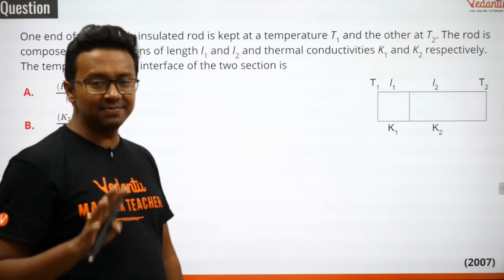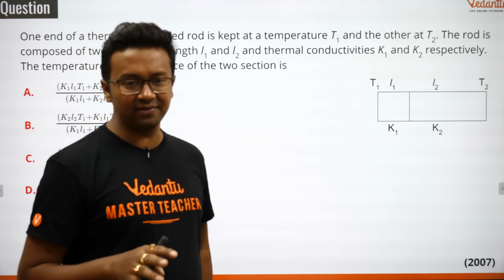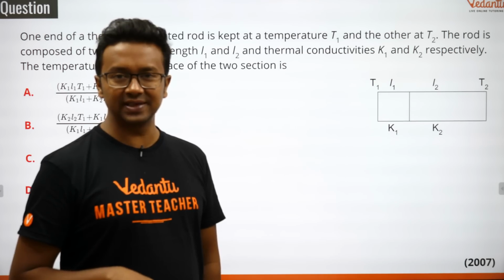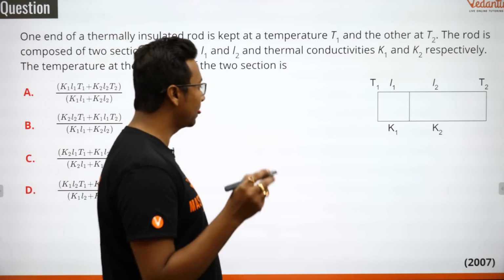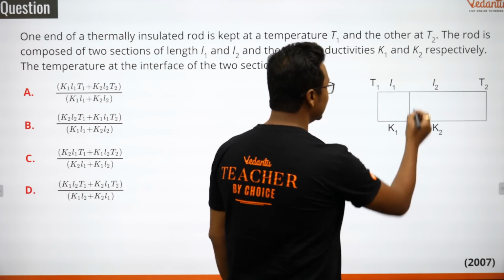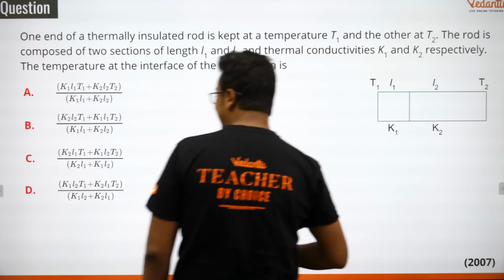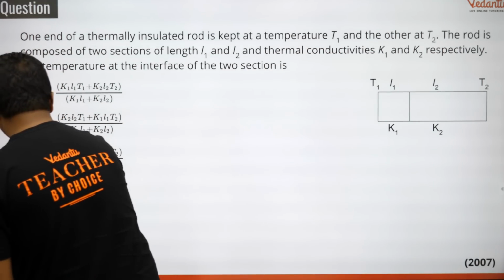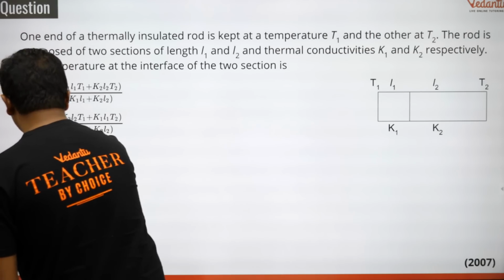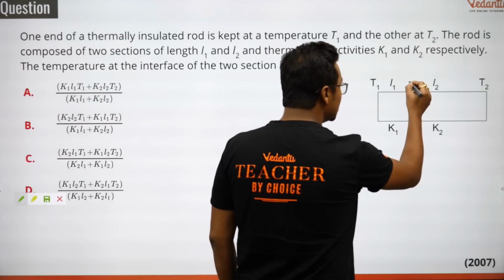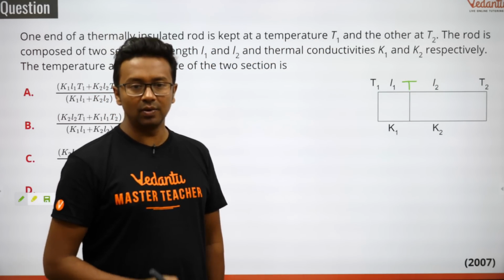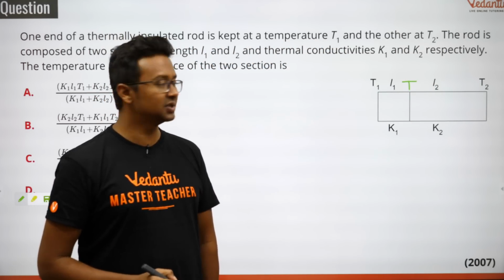Alright, see, the ultimate concept that we have here, listen to me now. I can see all your responses over the chat. They have asked us to find the junction temperature, that is your T. What is the temperature at the junction?